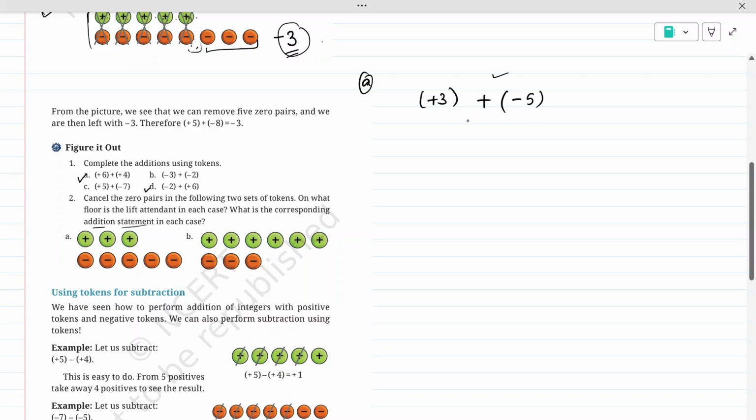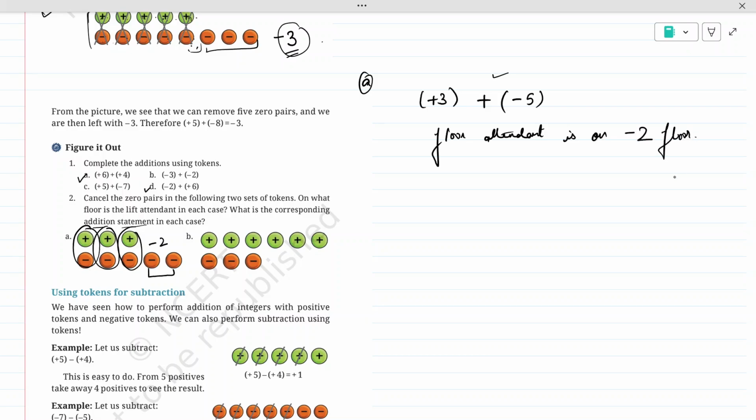Now let us see how many zero pairs there are. This is one zero pair, this is the second zero pair, this is the third zero pair. The value of a zero pair is 0. So we are left with minus 2 here. So the lift attendant is on the second floor, minus 2 floor. This is the answer.